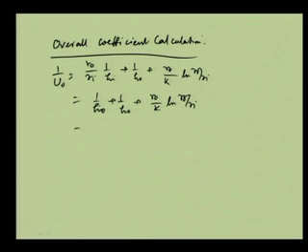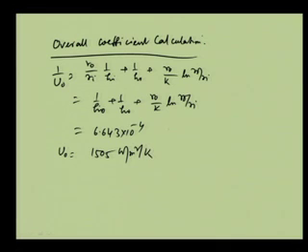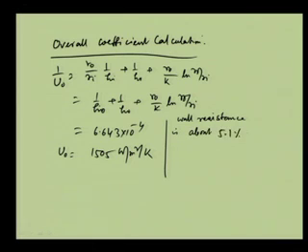Then if we put these values over here, we will be getting 6.643 into 10 to the power minus 4, and from there UO is equal to 1505 watt per meter square per Kelvin. Here one thing I should say that wall resistance, if we do the calculations, is about 5.1% of the total film resistances.